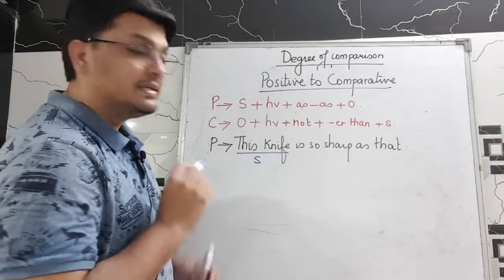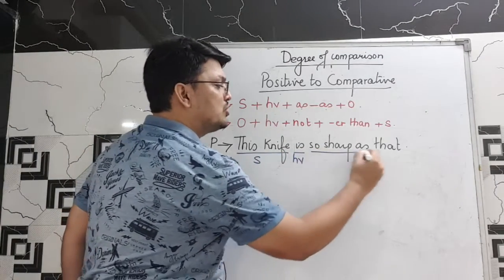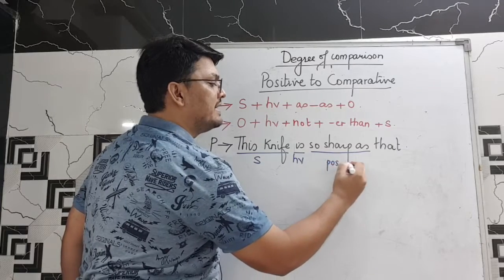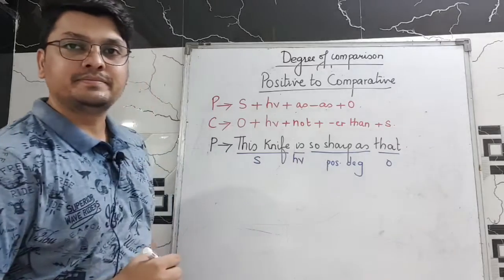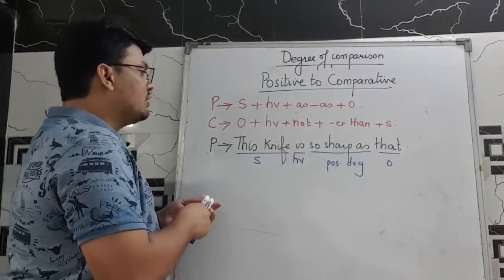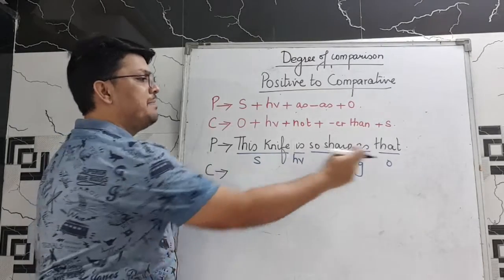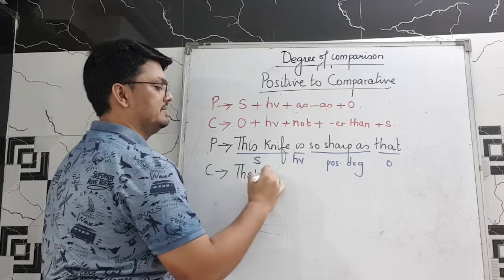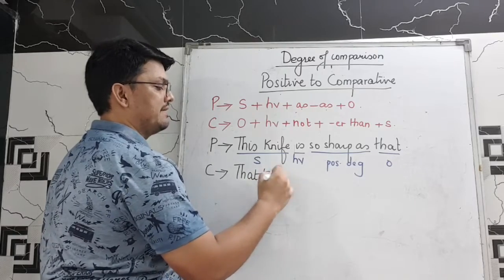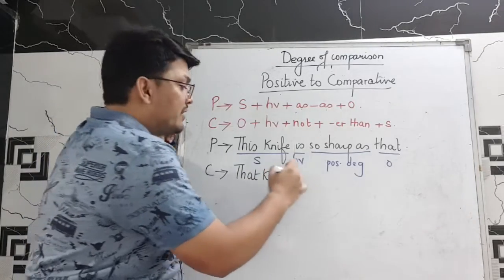Is is helping verb. So sharp as, this is my positive degree. And that is my object. So according to the structure, I will place the object, that knife, in the subject's place. That knife. This is also singular, so I'll use is.